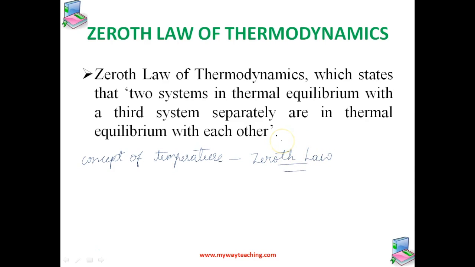So even though both the systems A and B are in thermal equilibrium with the system C, it also means that the systems A and B are also in thermal equilibrium. So that is what this zeroth law says. And why does this happen? This is because of a physical quantity that has the same value for both. That is nothing but temperature.